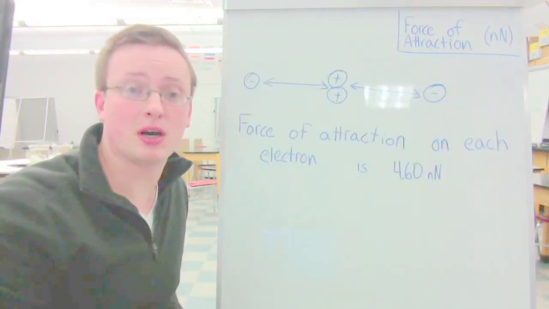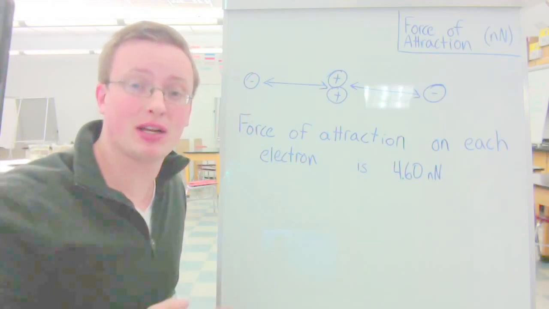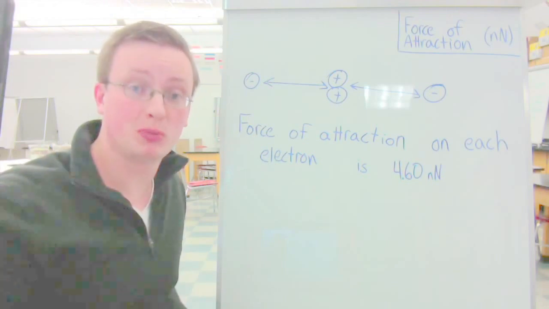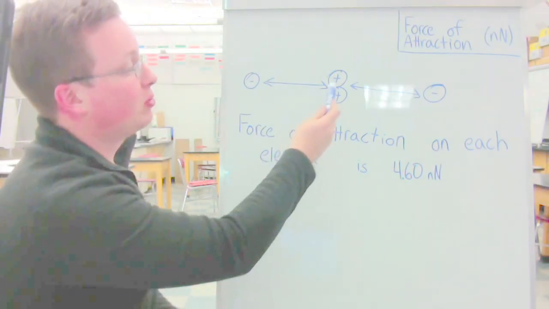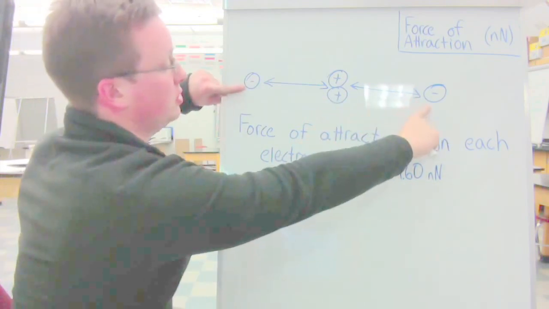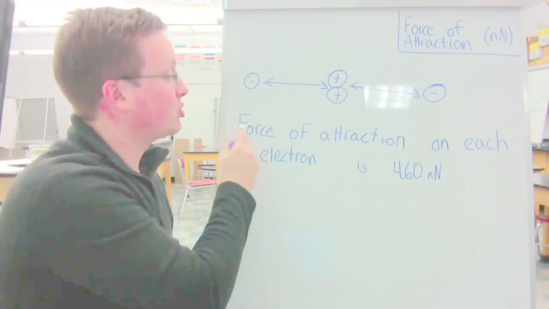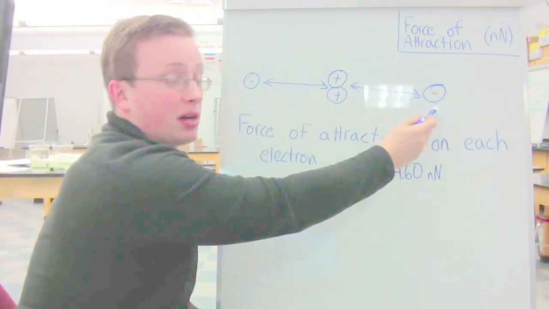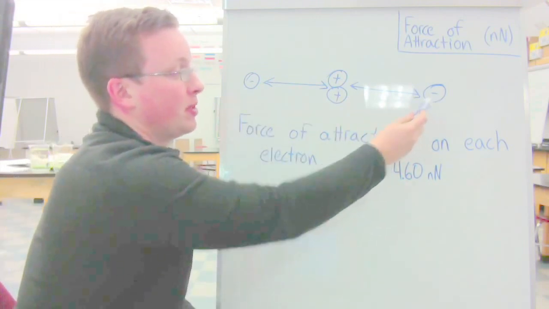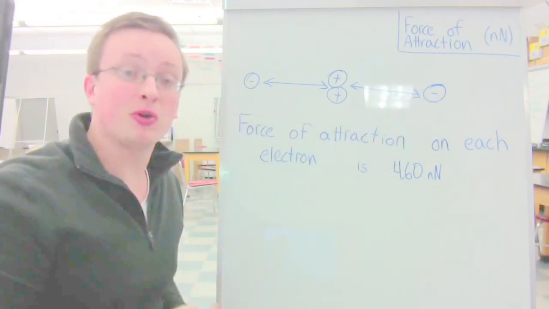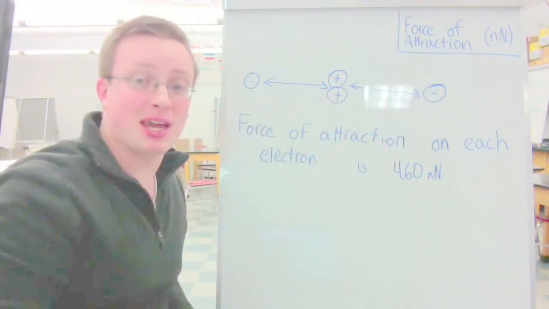Another interesting thing about Coulombic attraction is how the force is not divided up if there are multiple charges. In this example, we have 2 protons and 2 electrons. You might expect that the force of attraction on each electron would be smaller because there's 2 of them. But the force of attraction each electron feels is the same.